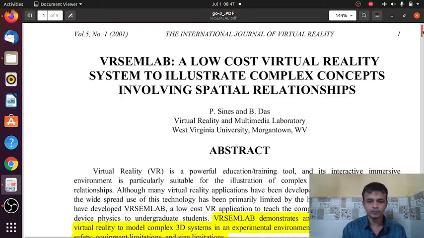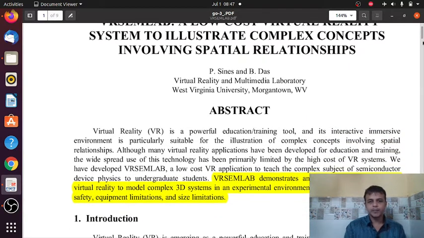Now let us go. So here the main objective of this paper is that electronics and communication engineering students find it very difficult to learn the concepts involved in electronics and communication, and also the concepts related to semiconductor physics.